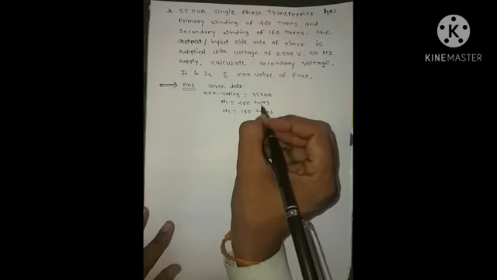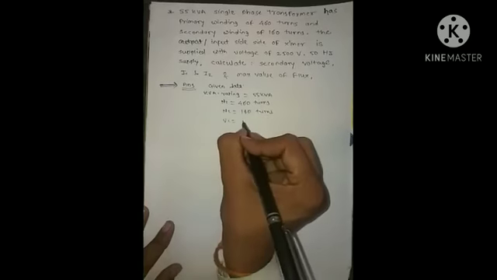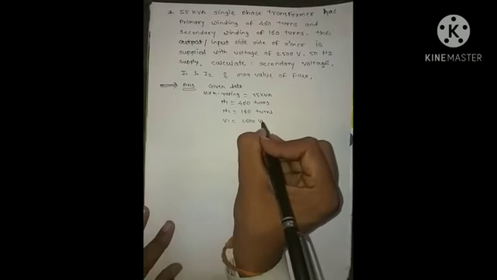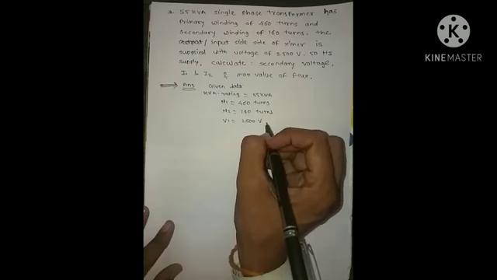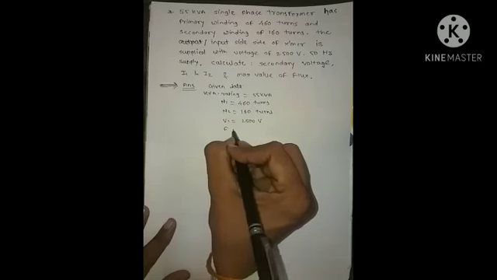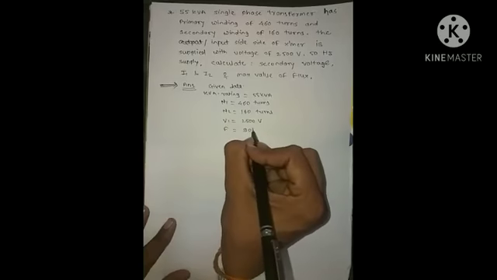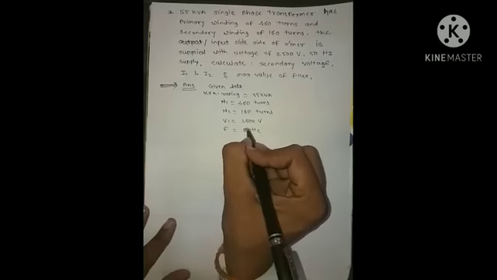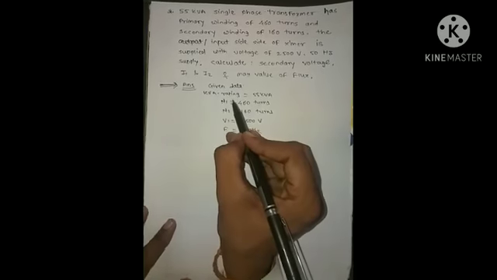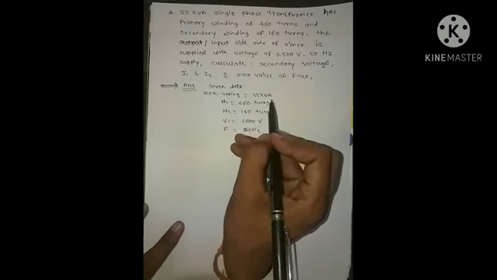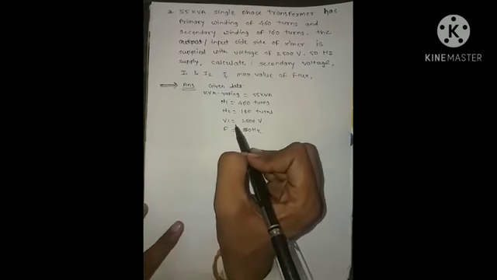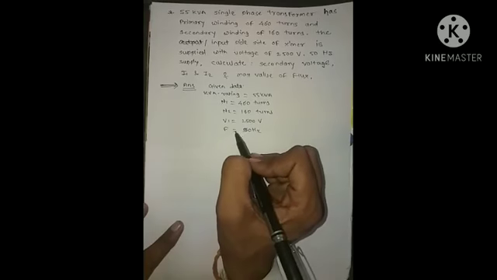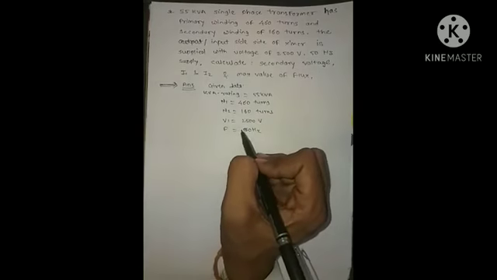After that, V1 is given 2500 volt, and last is frequency is 50 hertz. Okay, this data is given: kVA rating 55 kVA, N1 460 turns, N2 160 turns, V1 2500 volt, and F equals to 50 hertz.